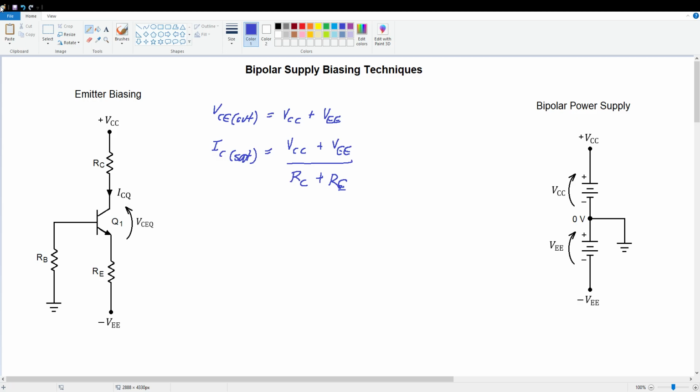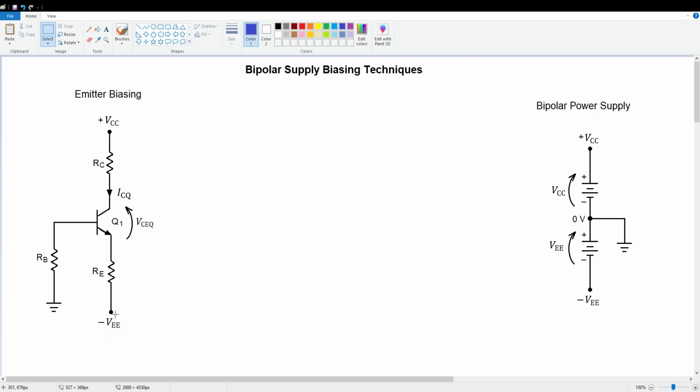All right, let's clear the board and determine our Q point expressions. To determine ICQ, we're going to work down around the base emitter loop with RB, VBE, and RE, and we've got our bias voltage applied down here.